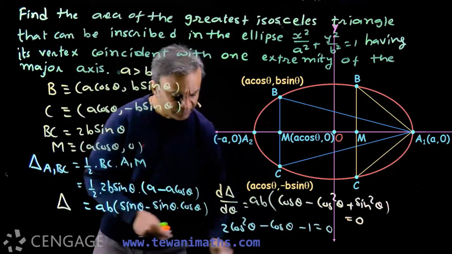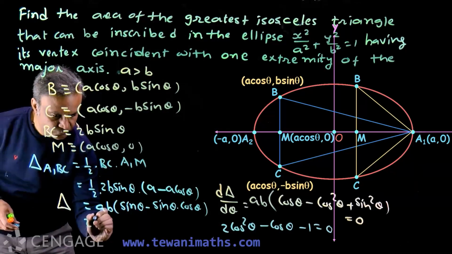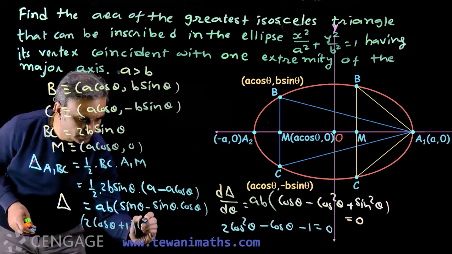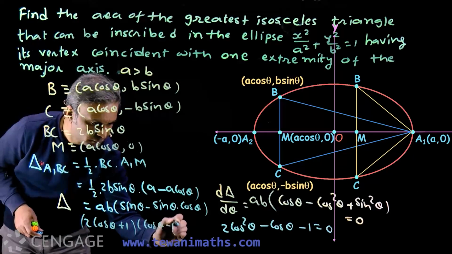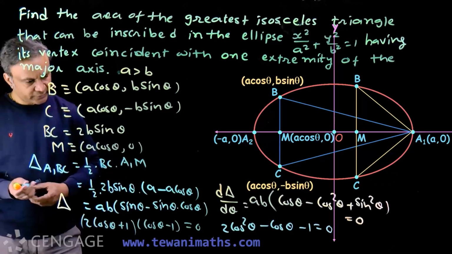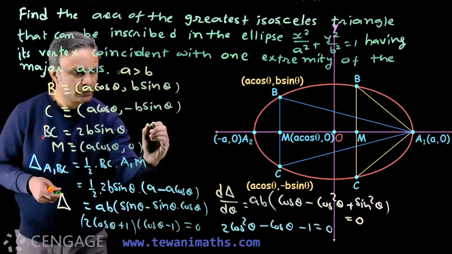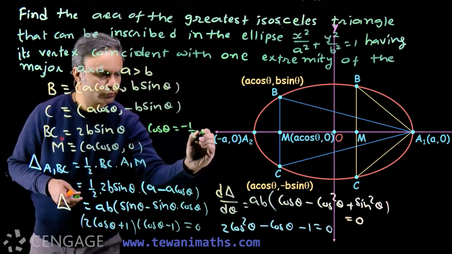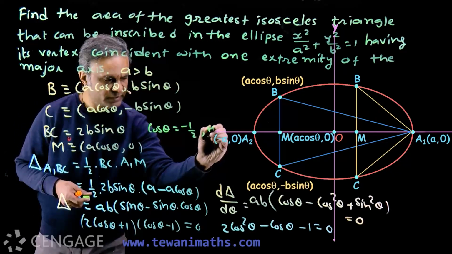Now this can be factorized. We have factors 2 cos theta plus 1 multiplied by cos theta minus 1. This product is equal to 0. From this we get two values of cos theta. Cos theta is equal to minus 1 upon 2 or plus 1.